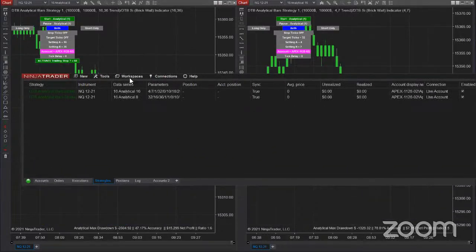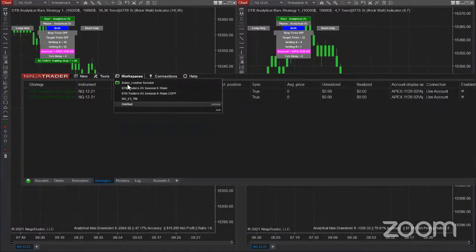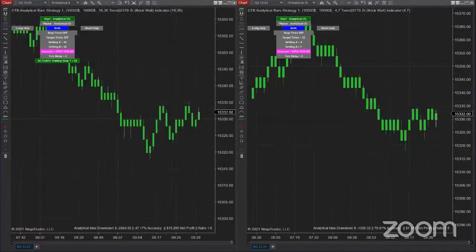A very good thing to do is go to your workspaces. I've saved this as Asian, okay, but have very few details in there, and I've only got the one open too. It just helps the system not be overwhelmed. So a bit of housekeeping to keep NinjaTrader running as smoothly as possible.